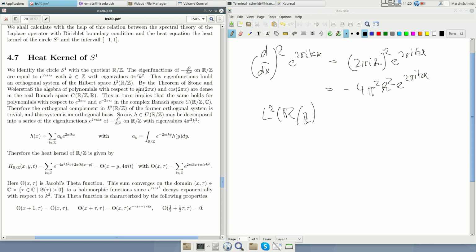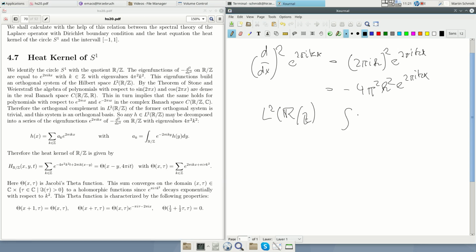Then we know the integral of exponential 2 pi i kx times exponential 2 pi i k prime x dx from 0 to 1. We can take this over an arbitrary interval of length 1. Okay, we choose this interval.